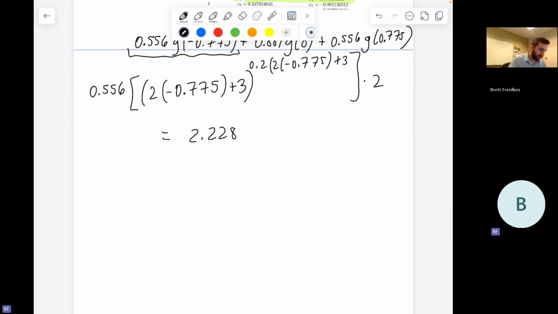The area of the others, if you want to go ahead and do this on your own: this is A of the first one, A of the second one is 3.866, and the area of the third one is 7.9386.